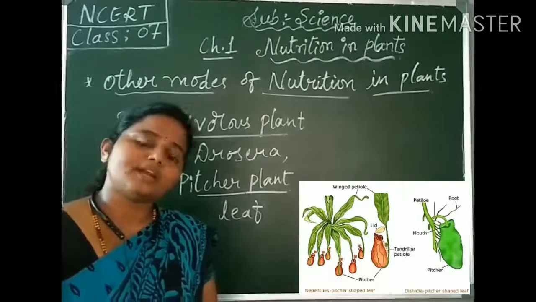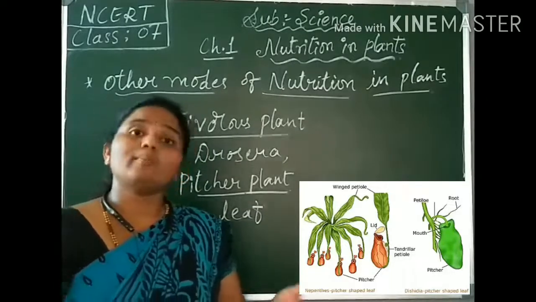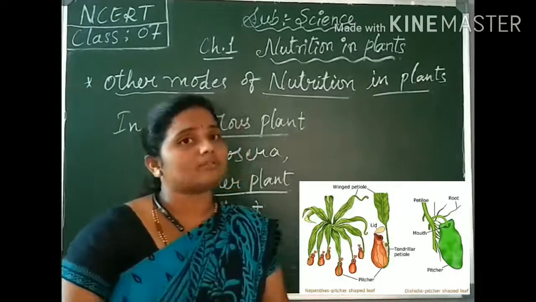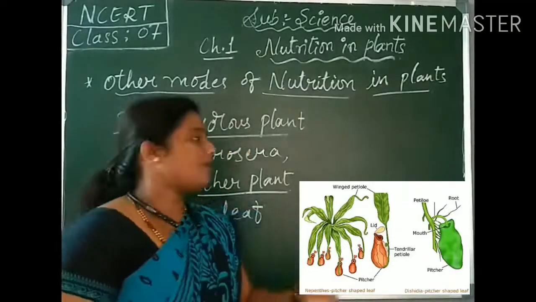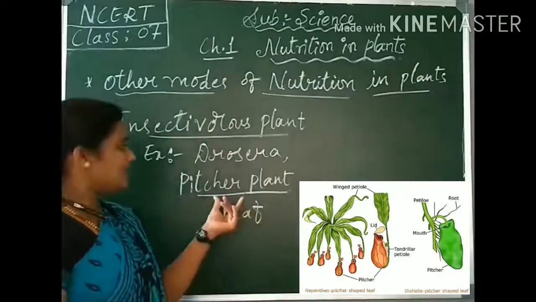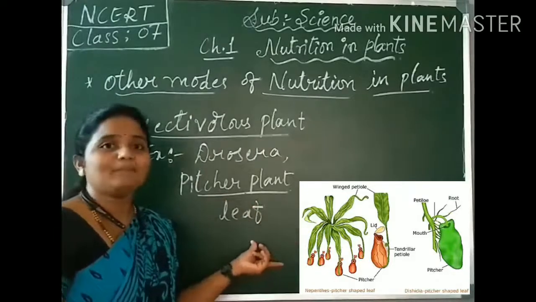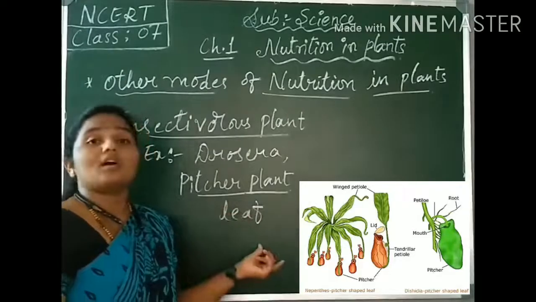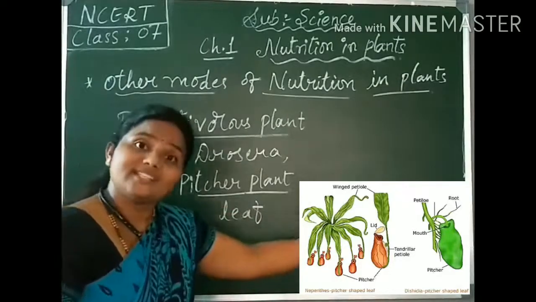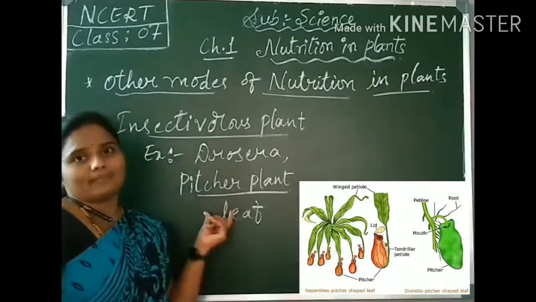When they are broken down, what happens? The complex substances are converted into simpler ones. Now those simpler ones will be used as food by the pitcher plant. Understanding? It means that they kill other insects for their food purpose.